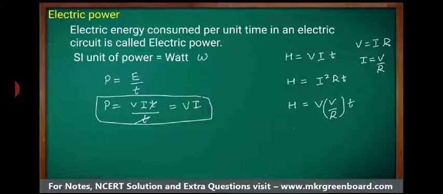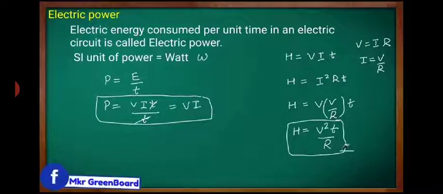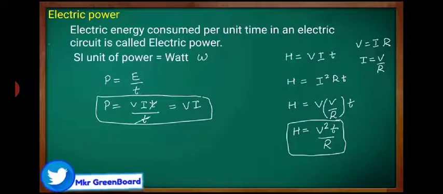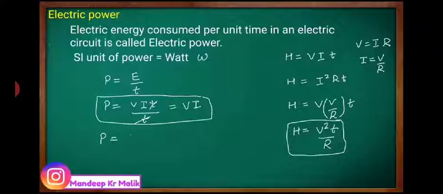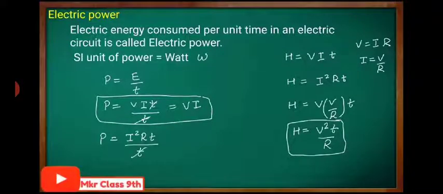We can write V into V by R instead of I into T. So we get the formula H is equal to V square T divided by R. According to that, we can also write P is equal to I square RT divided by T. So T cancels, and we get another formula, P is equal to I square R.